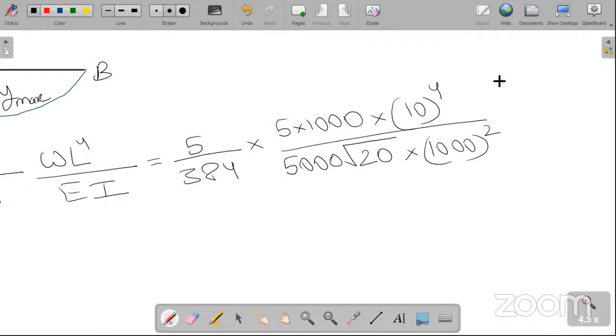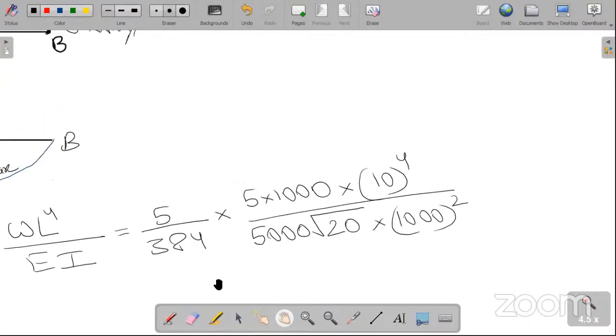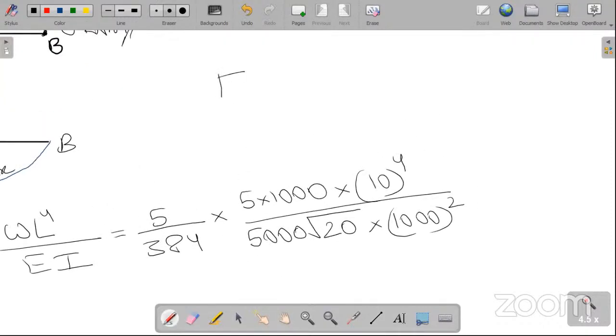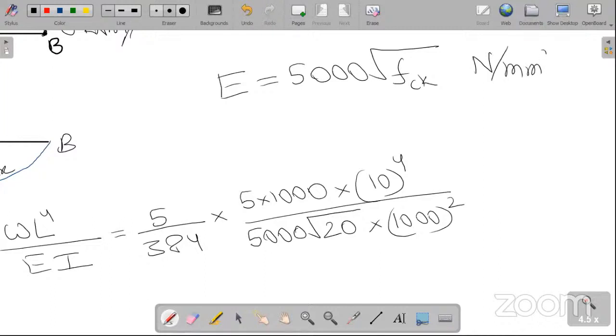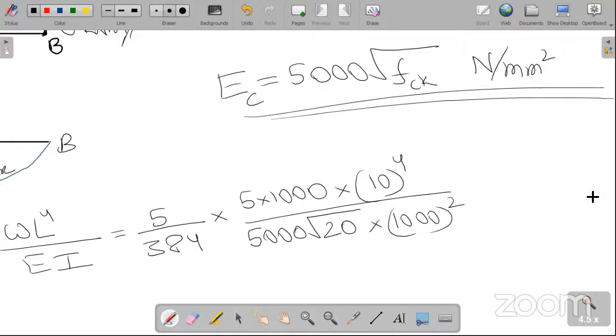Let me give you the formula of modulus of elasticity. It is 5000 under root FCK. Just note it down. It's an important formula. That's the modulus of elasticity of concrete. You can get the same formula from IS code, IS 456, which is for concrete. From there you can get this formula and use it.